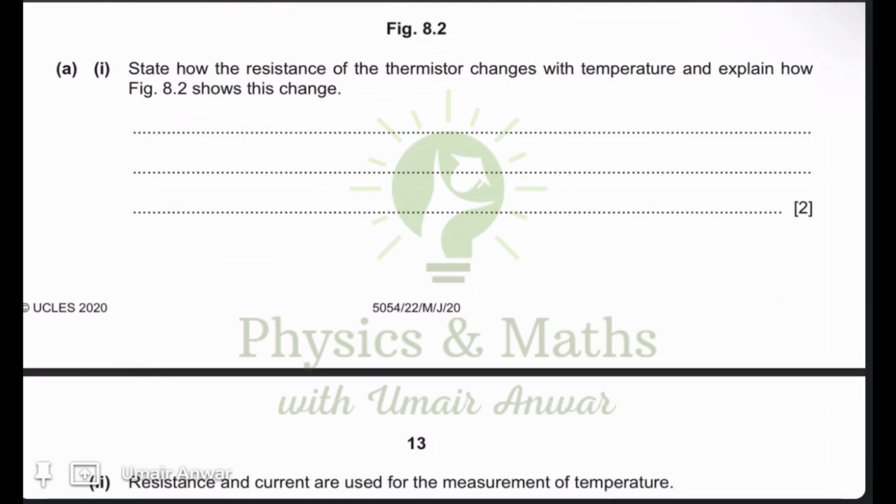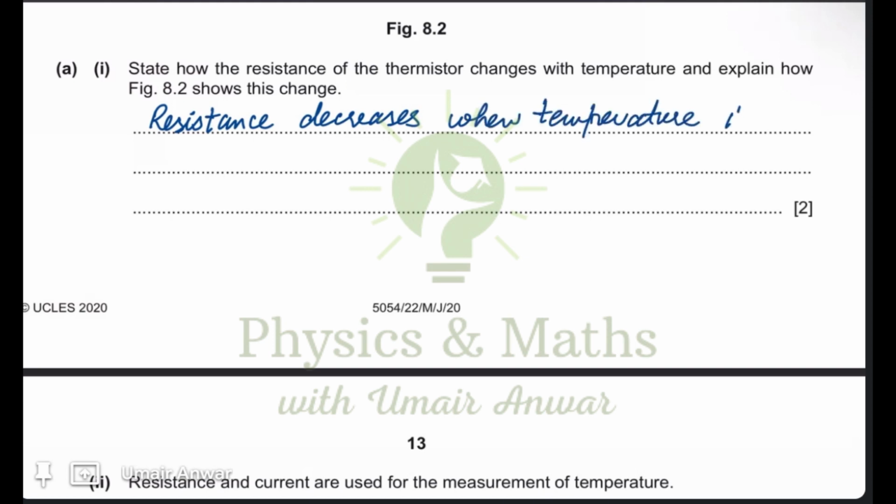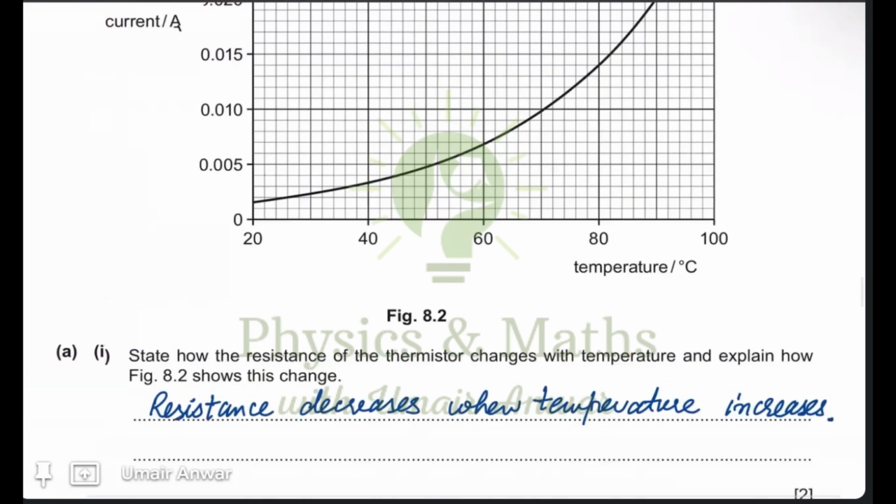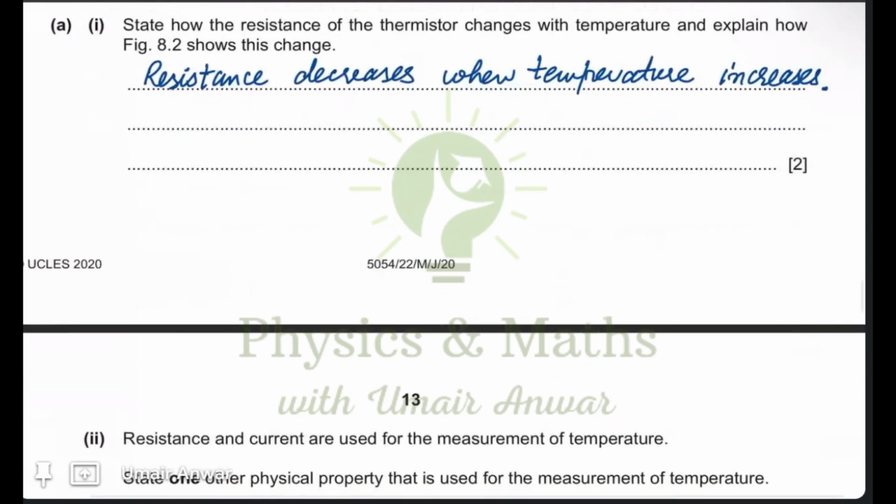Number one, how the resistance of the thermistor changes with temperature. We would say that resistance decreases when temperature increases. This is the general behavior of a thermistor. Explain how the figure 8.2 shows this. The graph shows this.